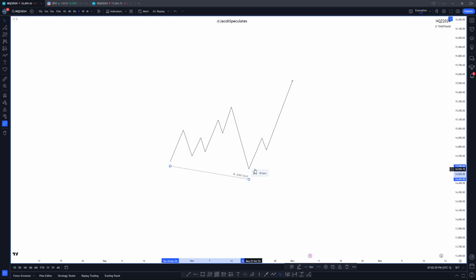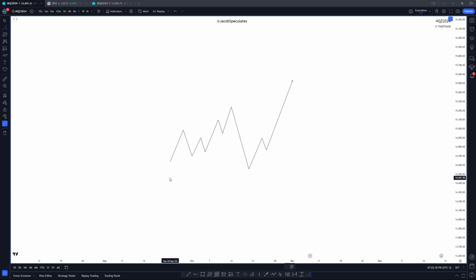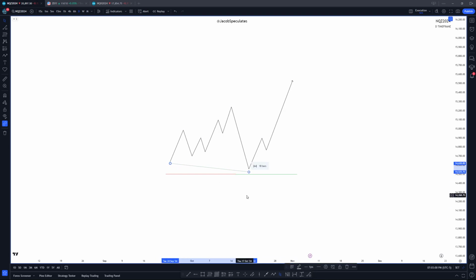Well, during this little sector of price action, let's say we're looking at normal sequential SMT across like the daily cycle, for example.